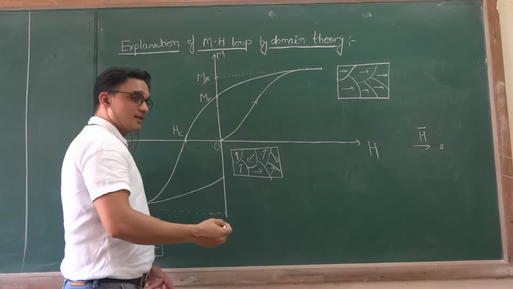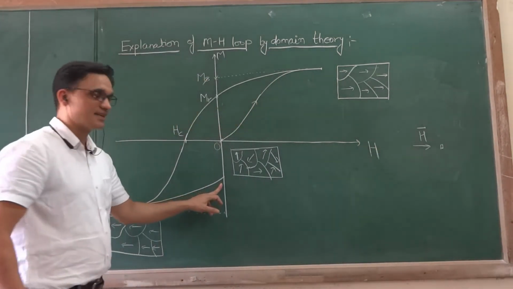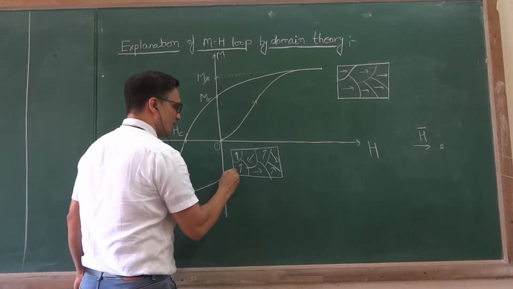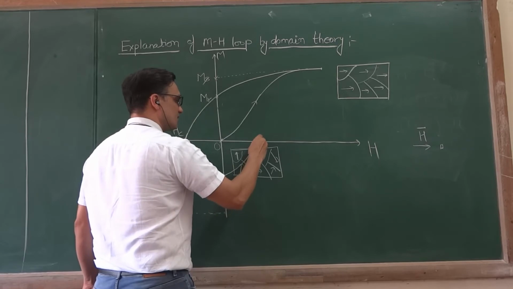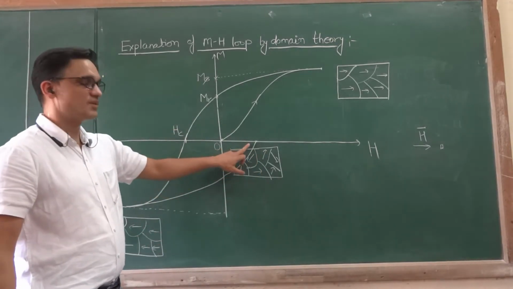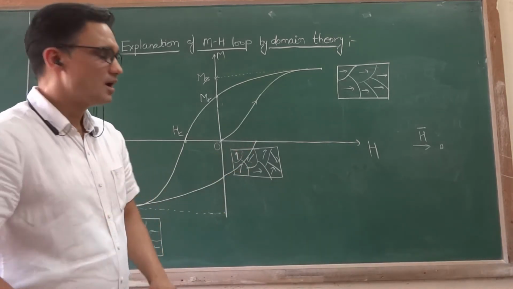Now again you apply the magnetic field in the positive x direction. To remove this retained magnetization from the sample or specimen, you have to apply some magnetic field. So at this magnetic field, the magnetization retained by the sample will become 0.